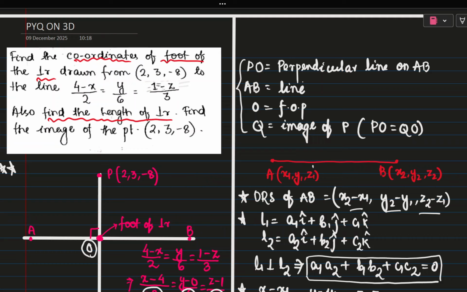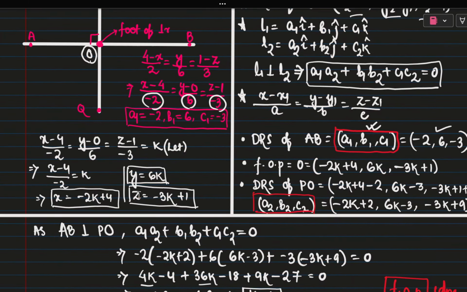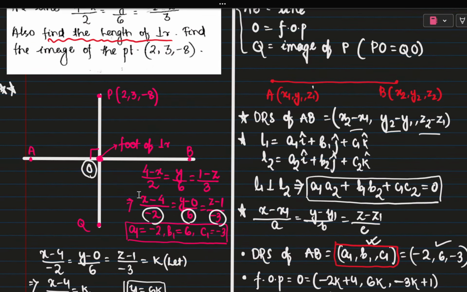When you find the length, obviously you now have this O. How much am I getting for O? 2, 6, minus 2. So O is 2, 6 and minus 2, and you already have the P coordinate 2, 3, minus 8. So you can use the distance formula to find the answer.